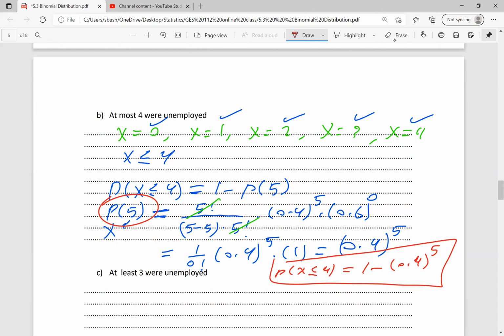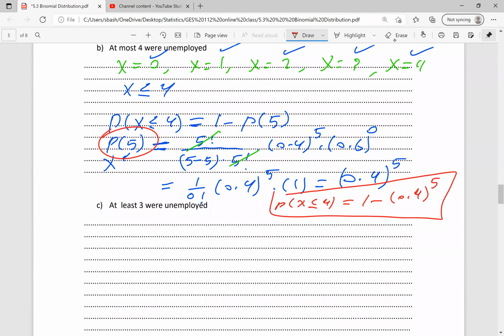Last one, at least 3 were unemployed. At least means 3, 4, 5 are unemployed. So in this case, x will be greater than or equal to 3. So x can be 3, or x equal to 4, or x equal to 5.